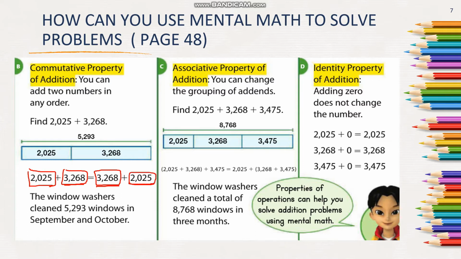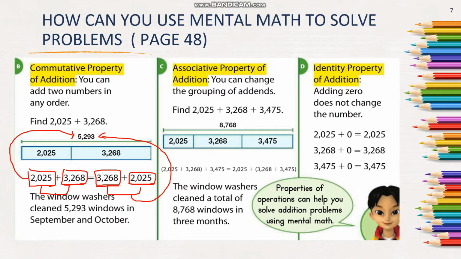When I add these two, the answer is 5,293. The same thing when I add the other order, the answer is 5,293. So changing the order of the addends does not affect the sum. So the window washers cleaned 5,293 windows in September and October.